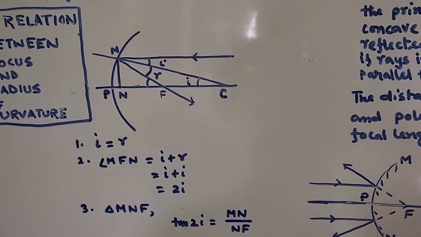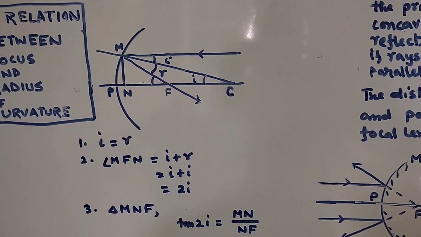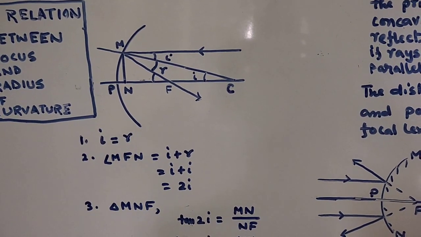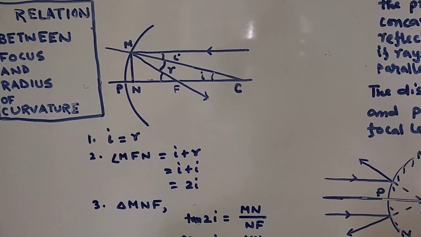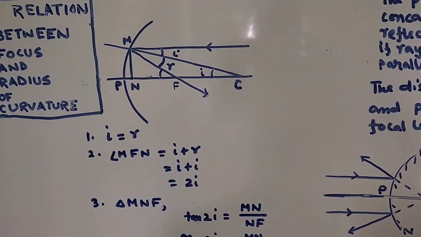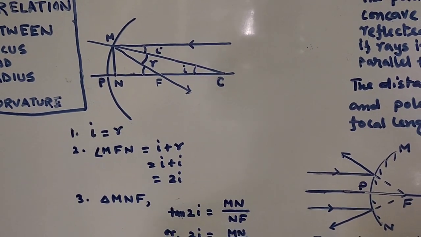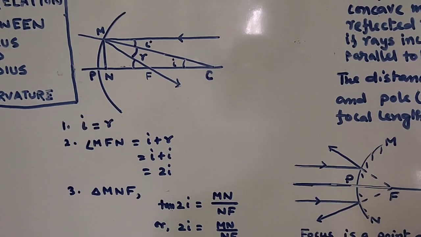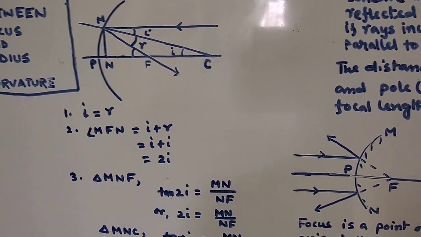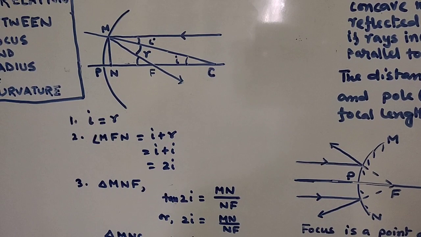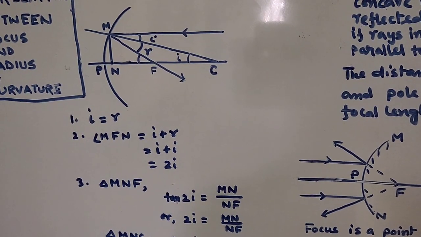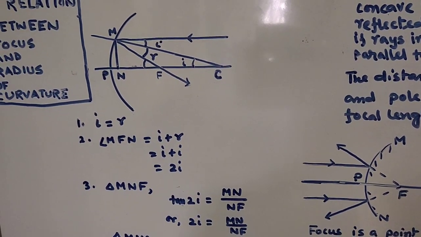Now in triangle MNF, N is your perpendicular, 90 degrees, MN is perpendicular to the principal axis. So if you consider the triangle MNF, I think this is the new thing you are going to get, and some of you know tan, that is your trigonometric term.